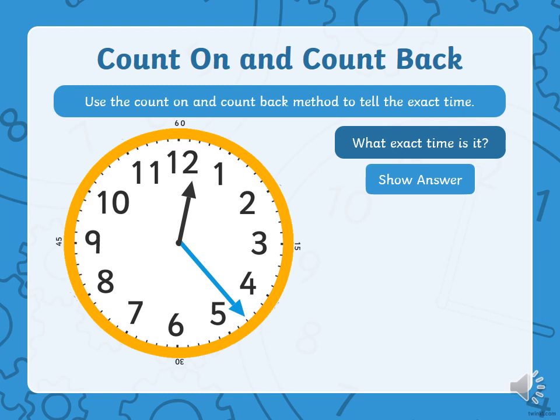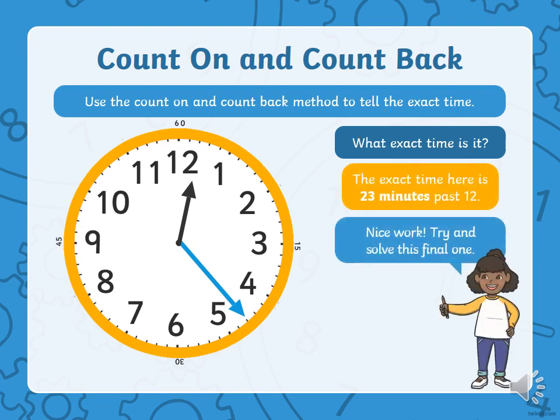Why are you saying it's that time? The exact time here is 23 minutes past 12, because the hour hand has gone past the 12, and since it's not gone past the 6, we use the keyword past instead of to.